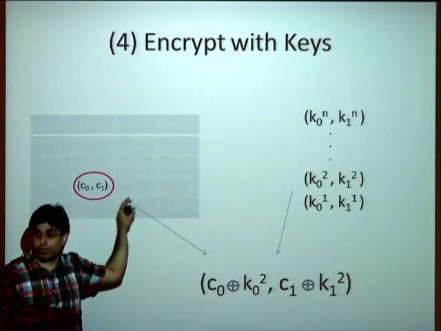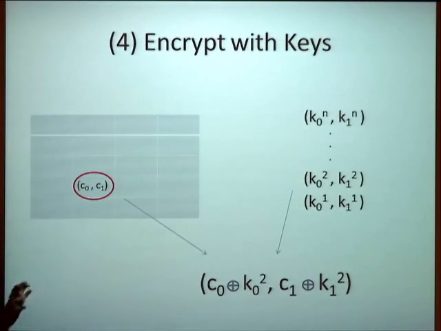I do this for every cell in the same row, so I'm reusing the same key. I think the keys are separate from the pads you're using. That's right, these are independent, random, different. And this is essentially the end of garbling the circuit. Okay, so does that make sense?